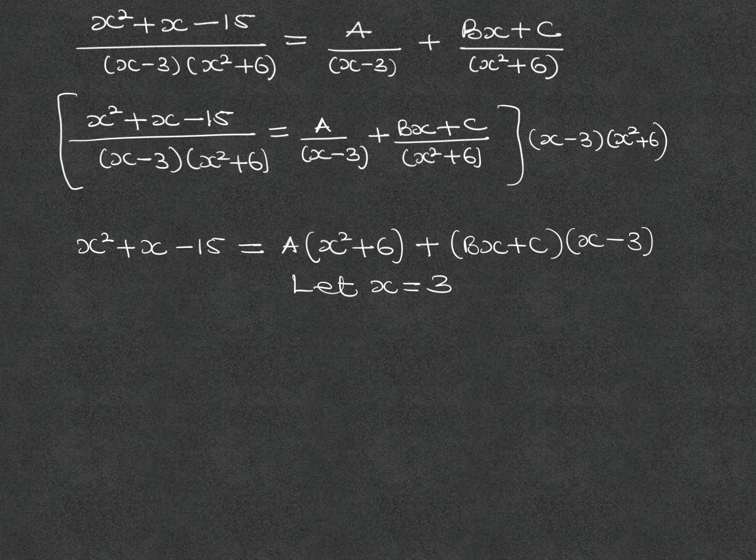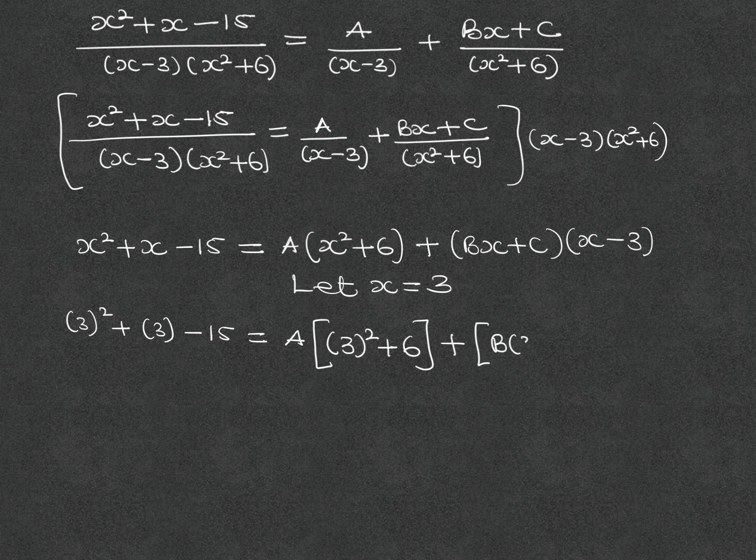All right? If that is the case, we'll have 3 squared plus 3 minus 15 is equal to a into 3 squared plus 6, plus b into 3, plus c into 3 minus 3.